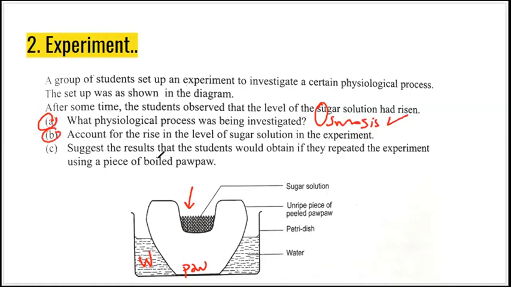And then B, account for the rise in the level of sugar solution in the experiment. We expect a rise in that solution because the sugar solution is hypertonic to the potato.